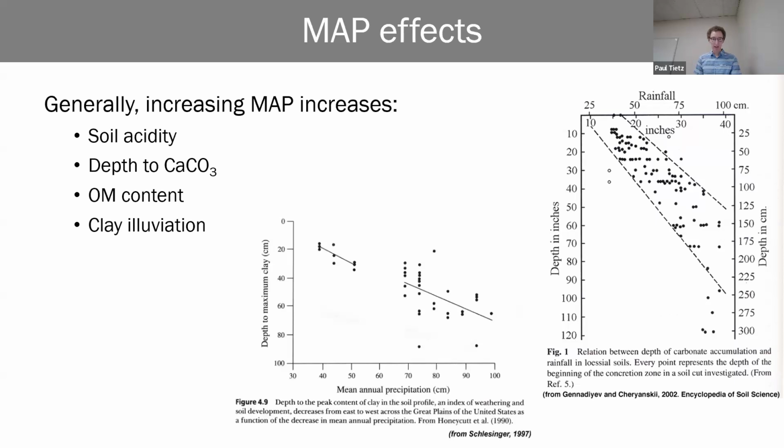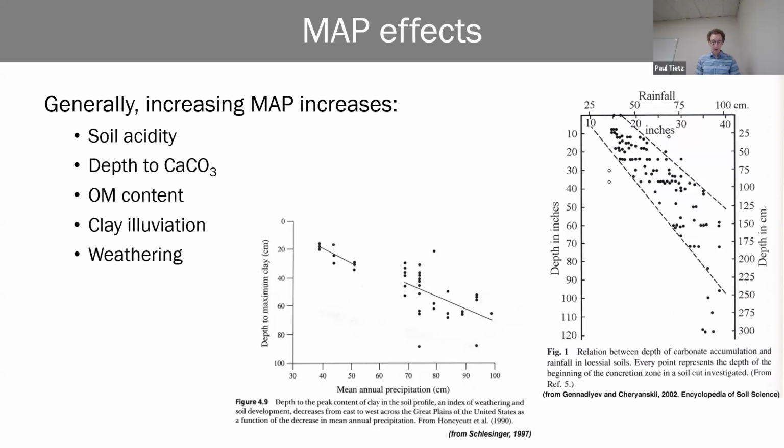And then weathering. So yeah, here's depth to maximum clay. So as the mean annual precipitation increases as well, again, we have 0 at the top to 100 centimeters at the bottom. With more precipitation, you have more water, you have less sauvage as a soil process, transporting clay to the maximum clay content deeper in the profile.